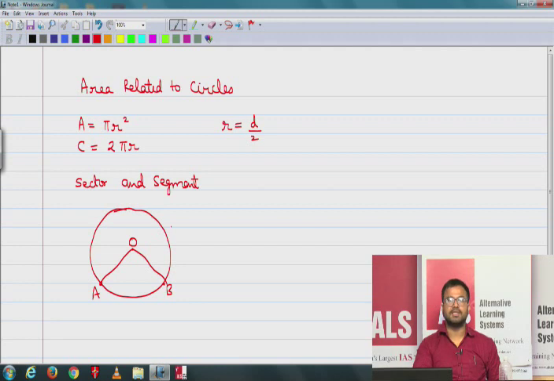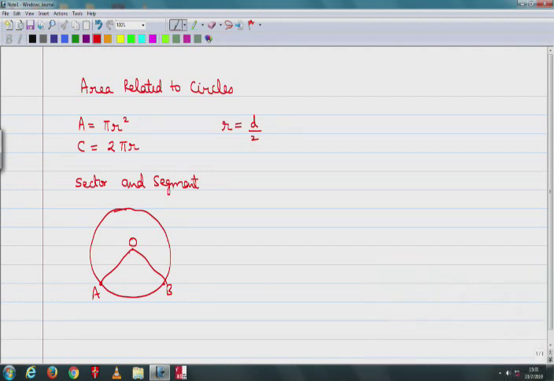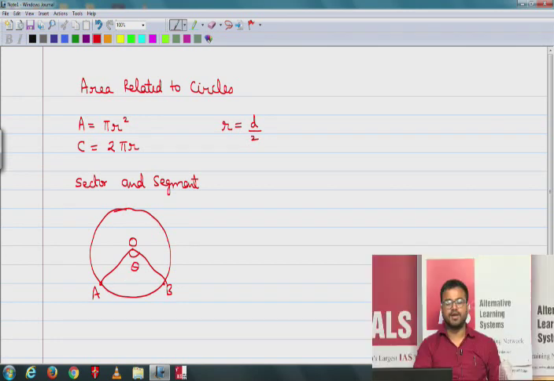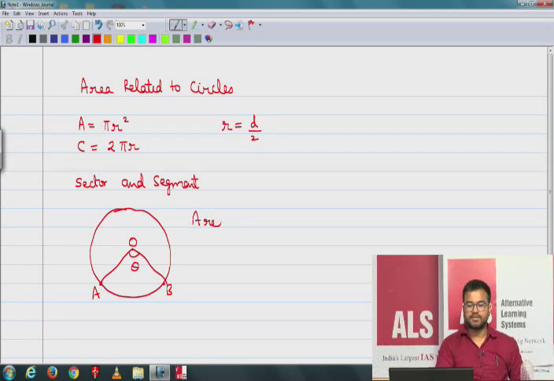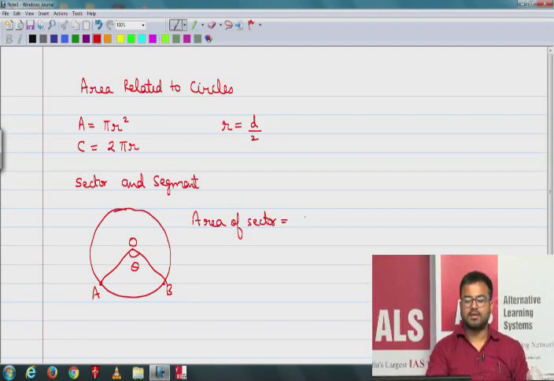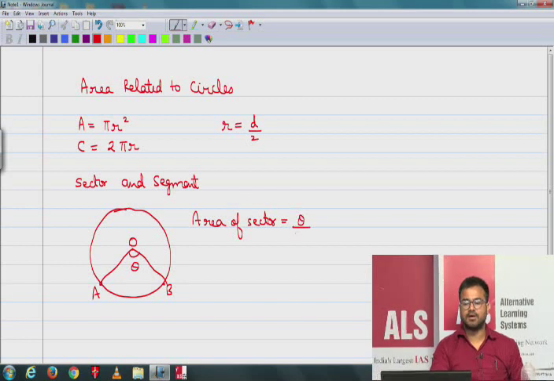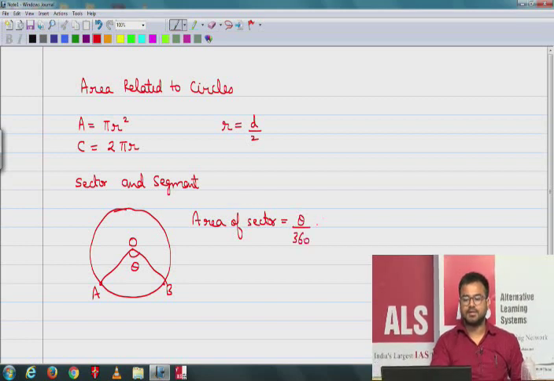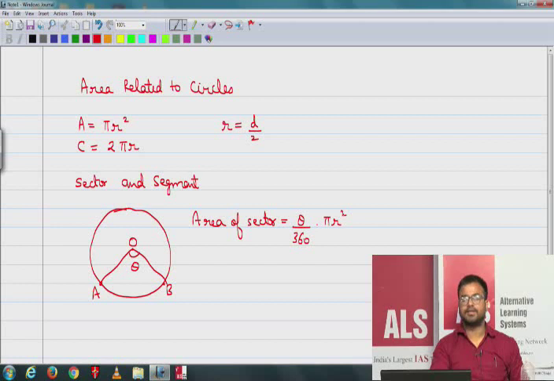So AOB is the sector, and since arc AB subtends angle theta at the center, to find the area of the sector, the formula is theta over 360 into pi r square, and theta should be in degrees.